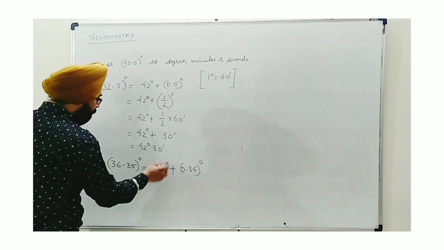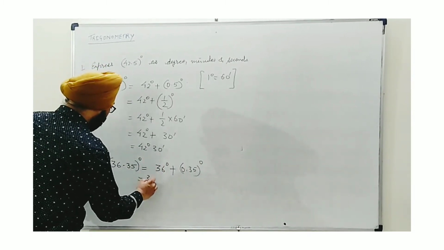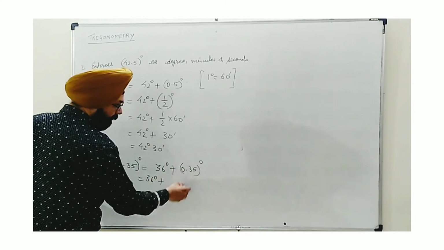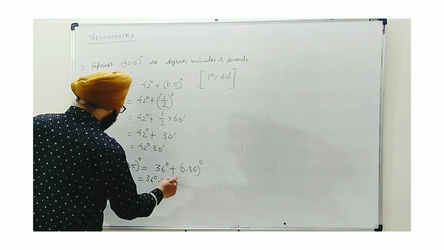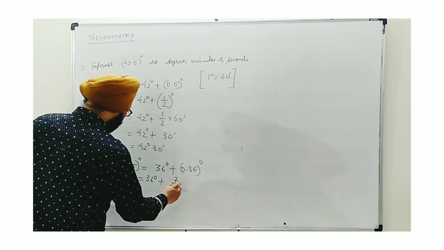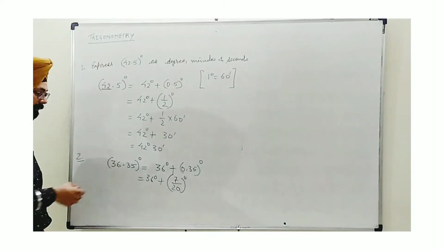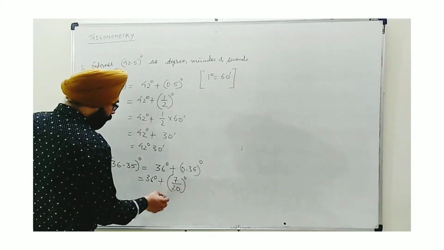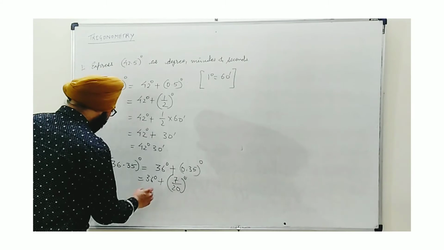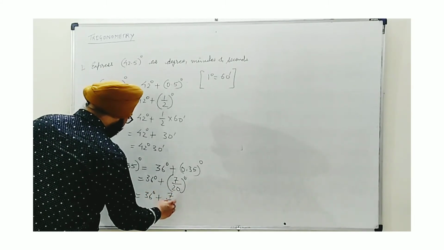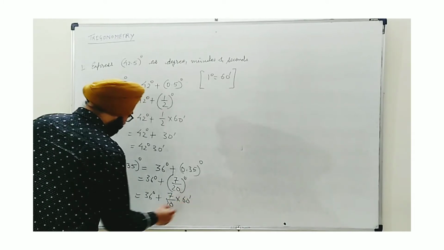Now we will not touch this complete portion. This will remain in degree. The rest of the portion we convert into a fraction. So this comes 35 upon 100, which will obviously be 7 upon 20 degree. Now since it is 7 upon 20 degree, we need to convert that into minutes, so we write 7 upon 20 into 60 minutes.